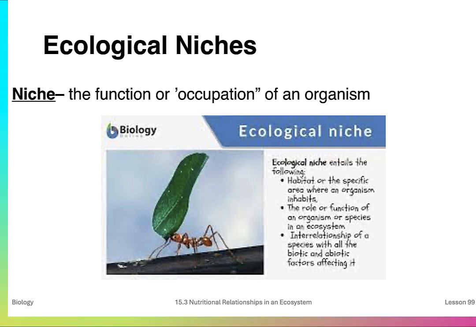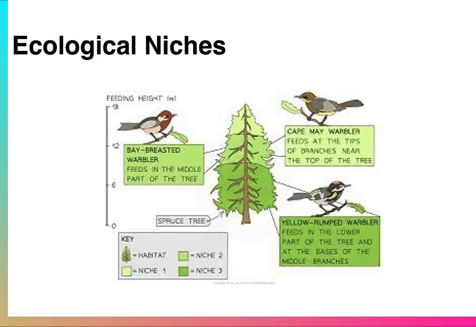And so here's an example of an ecological niche. It's when a habitat or a special area where an organism fulfills some kind of role or function. And this interrelationship with other species is important, both because of its biotic impact as well as the abiotic effect that it may have. So here's some other examples of ecological niches.